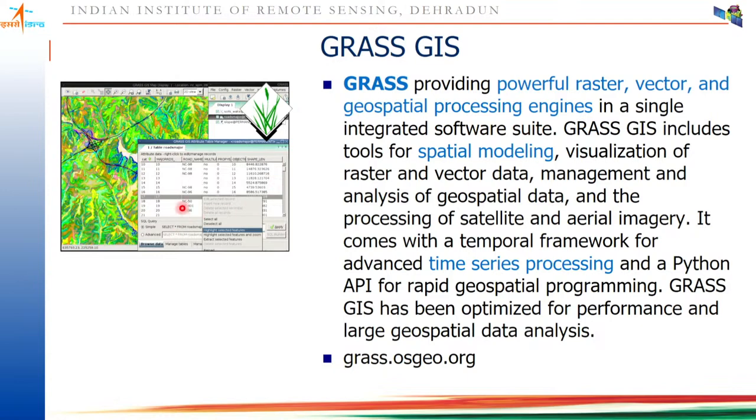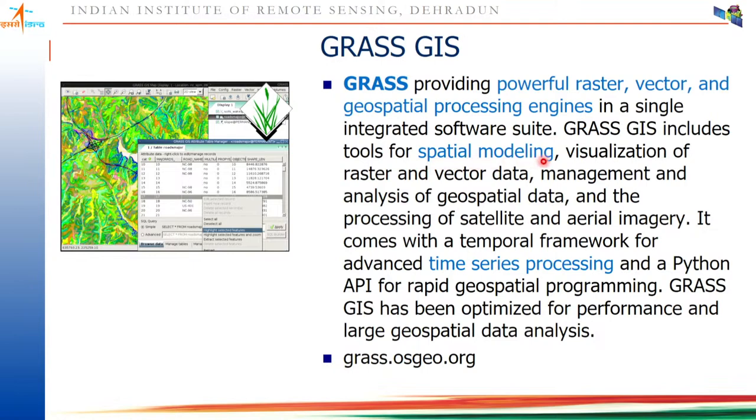In a single software, you can do all these different things. You can make maps, you can look at the attribute table, you can do different types of processes, save the outputs, and so on. It includes tools for spatial modeling.